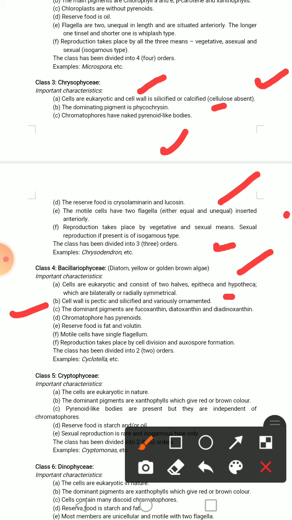The dominant pigments are fucoxanthin, diatoxanthin, and diadinoxanthin. Chromatophores have pyrenoids. Reserve food is fat and volutin. Motile cells have a single flagellum. Reproduction takes place by cell division and auxospore formation. The class has been divided into 2 orders. Examples include Cyclotella.